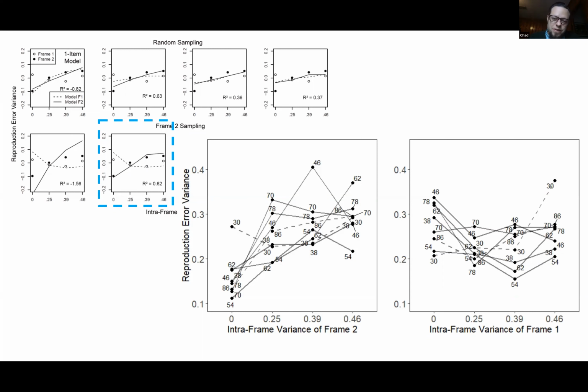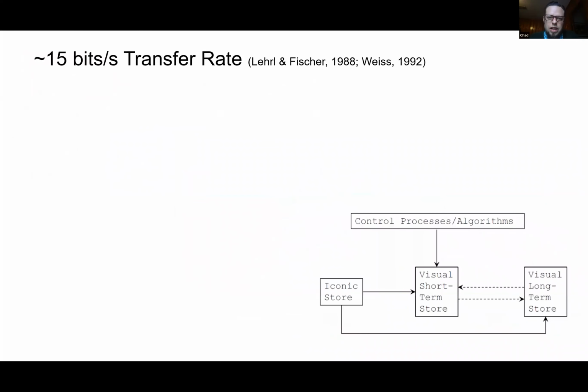There's another piece of evidence which comes from the literature. If you look at the old papers on information theory, there are lots of publications that tried to get the bit rate between iconic and short-term memory, and the estimates are usually around 15 bits a second. So if you do a little bit of arithmetic with this, the mean duration of an entire trial in our experiment was 76 milliseconds from start to finish, from onset of the first frame to offset of the second frame.